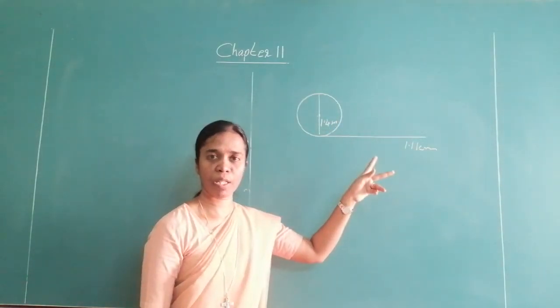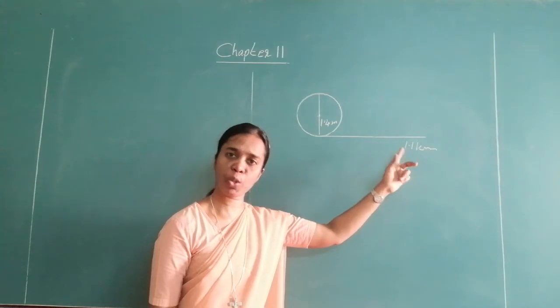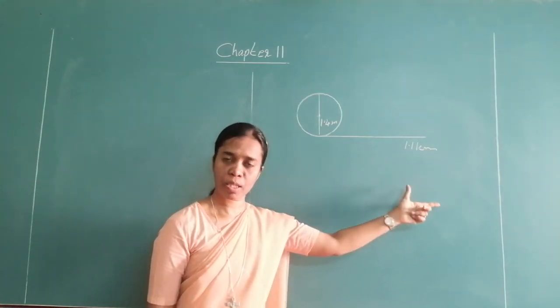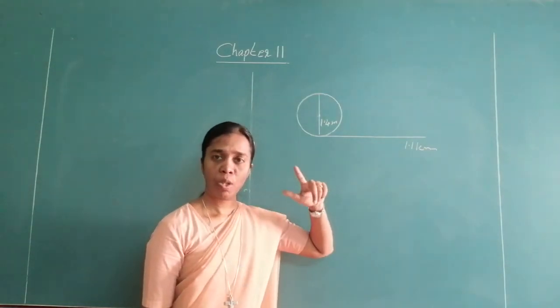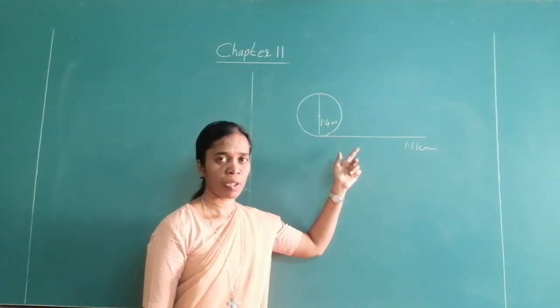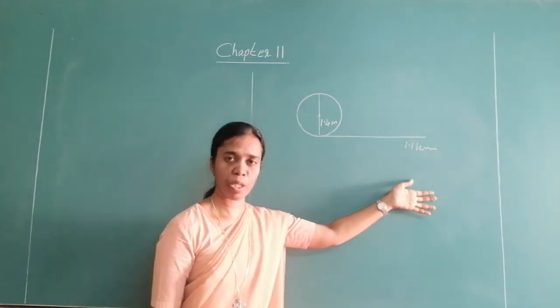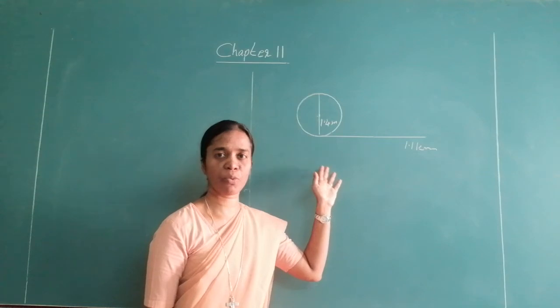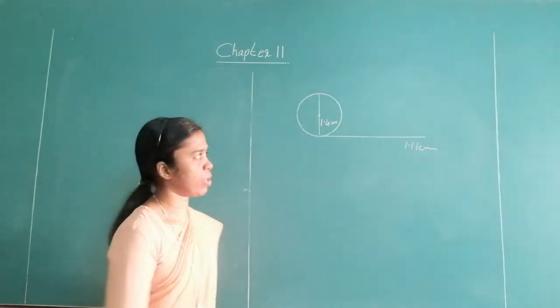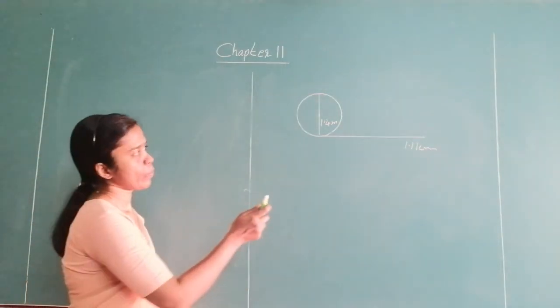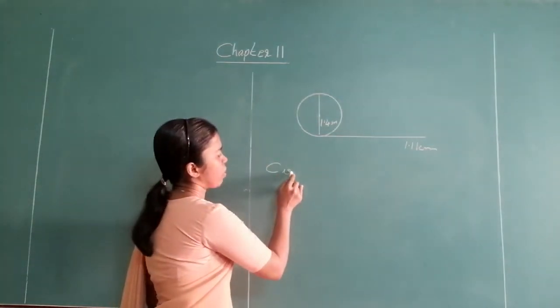So we have to convert any one. So we convert this kilometer into meter. So much distance covered. One rotation, one circumference. So you divide that distance by circumference, you will get the number of rotations. Okay. So first you have to find out circumference.